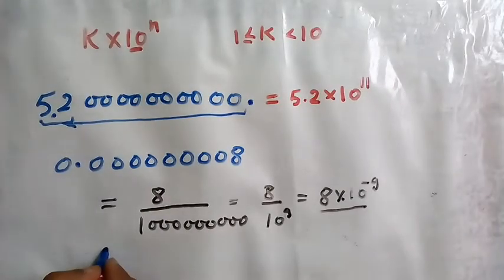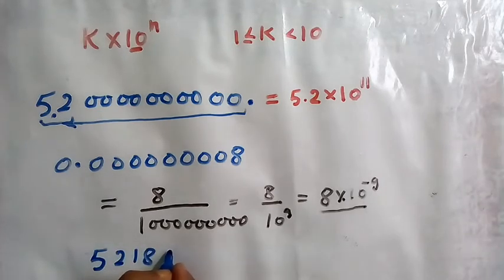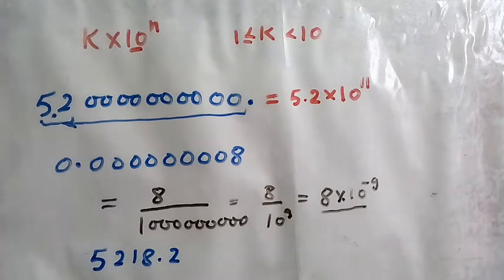Let us see one more number, that is 5218.2. Here the number is more than 10 and it is a decimal number. So first of all, we have to shift the decimal in such a way that your k lies between 1 and 10. So shift after the first digit.